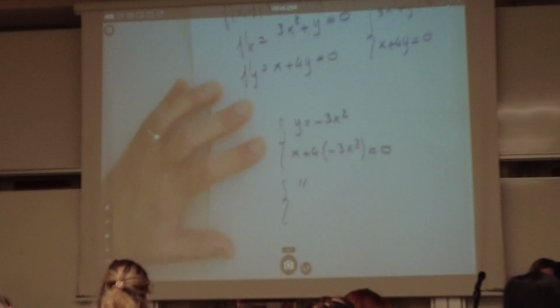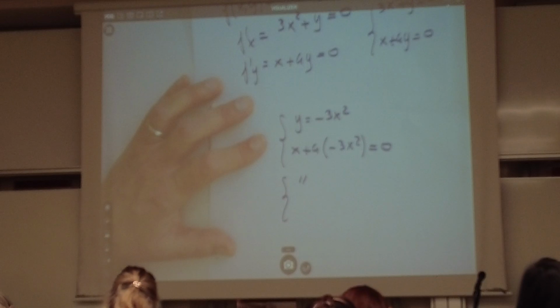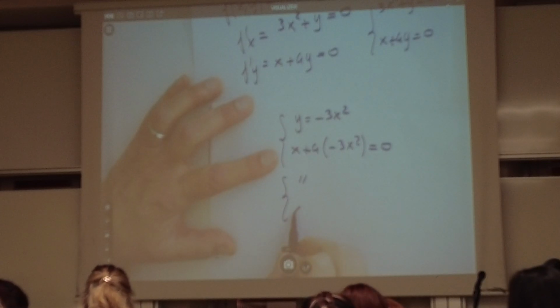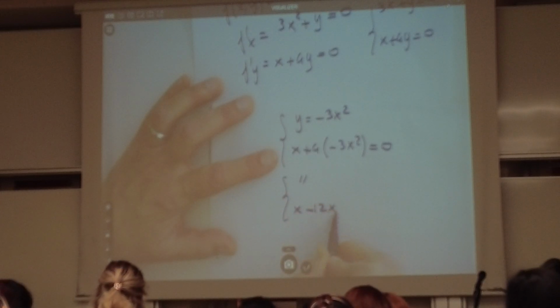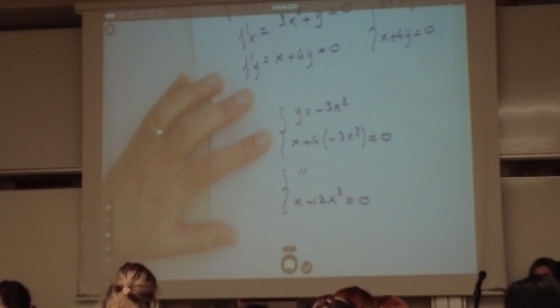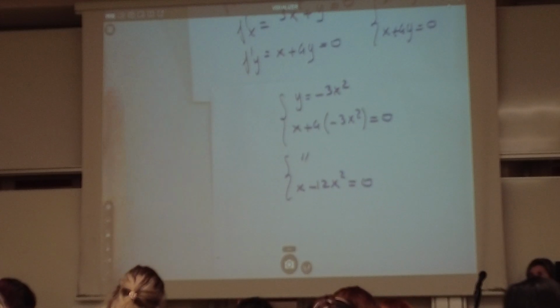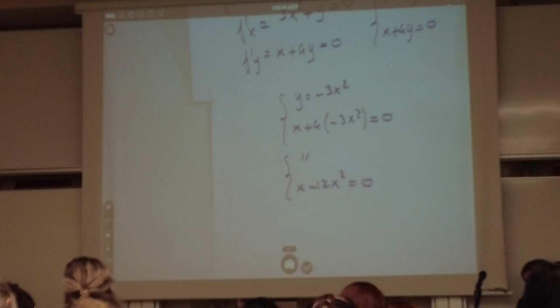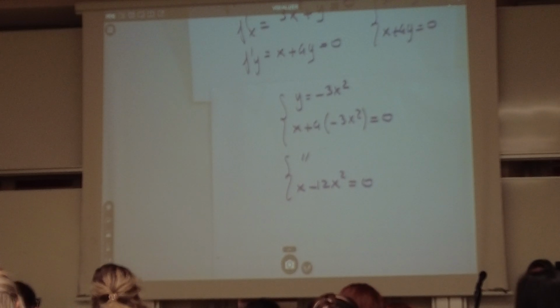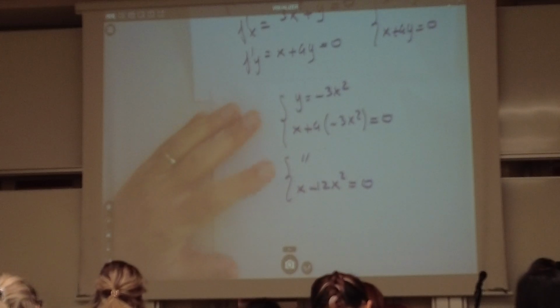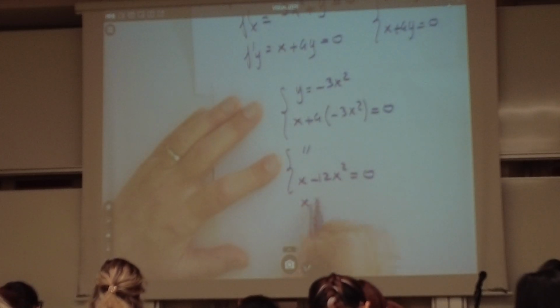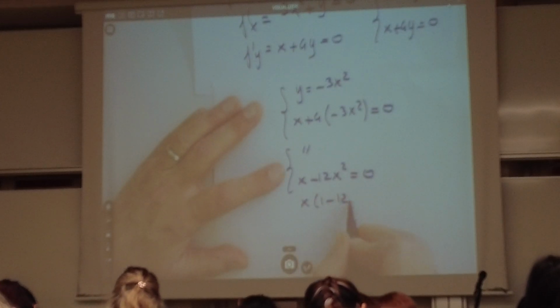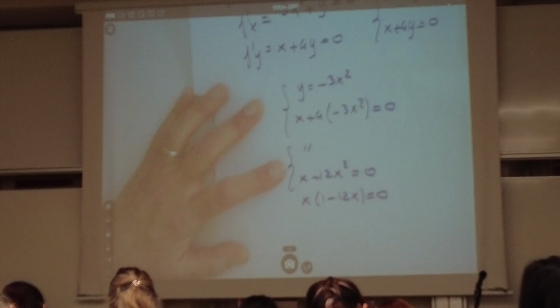Okay? You just substitute instead of y. The first one, nothing to say in the first one. The second one, you have x minus 12x squared equal to 0. So now the second one is a second order equation, nothing else. In order to solve it, you can write x times (1 minus 12x) is equal to 0.